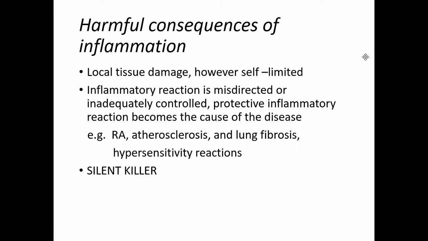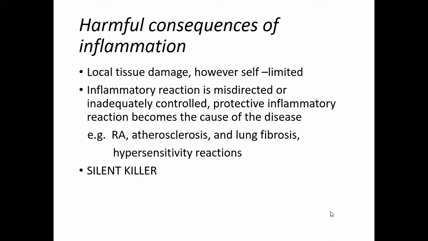In contrast, there are many diseases in which the inflammatory reaction is misdirected. For example, the inflammatory response against the body's own cells and tissues in autoimmune diseases. They also occur against normally harmless environmental substances, like in allergies, or are inadequately controlled.